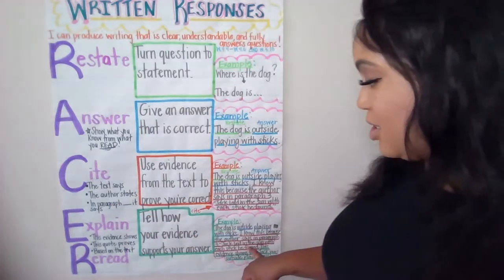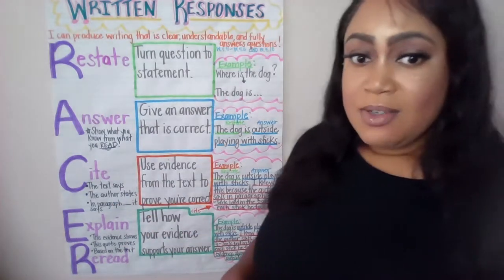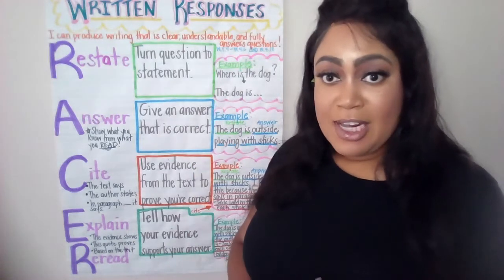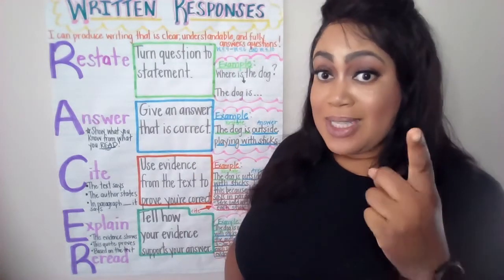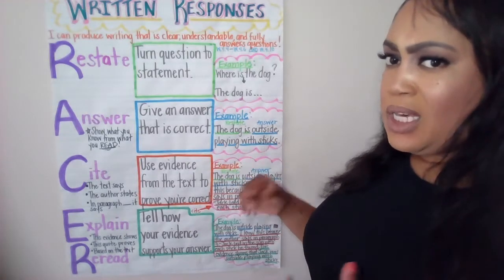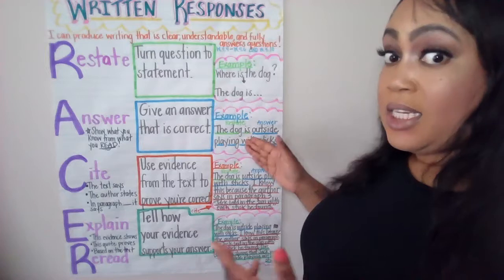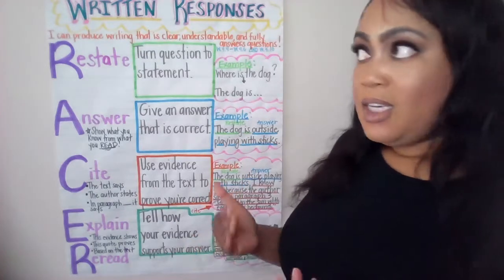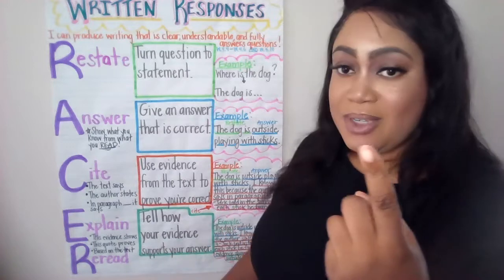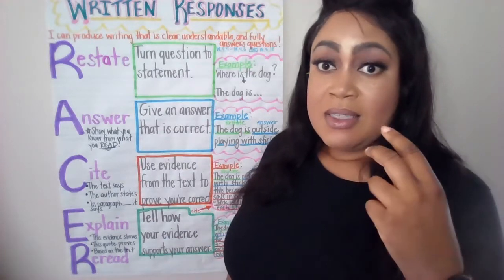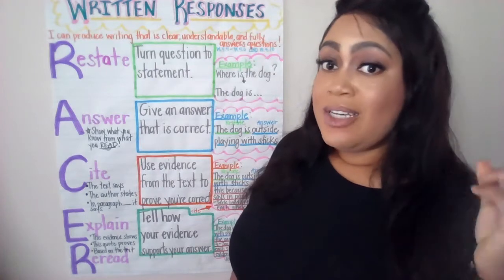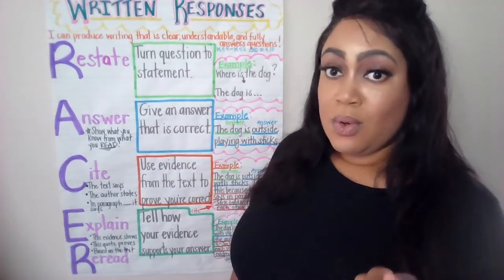So when you reread your writing, you're reading to find mistakes. You're reading to see if you can add and make your answer stronger, just like what I did when I said, this answer is kind of weak because I could have added "in the sun" and made it even stronger with just those 2 extra words. Okay. So you're rereading to make sure your answer makes sense, to make sure that you've answered all parts of the questions, because there could be more than one part to a question.